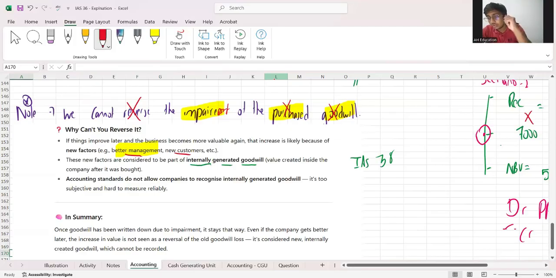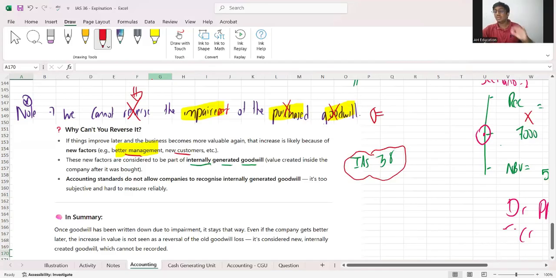So now you need to understand, under IAS 38, this is how I'm linking the standards, we are not allowed to show any internally generated asset. As we know, this market value is solely increasing because of our internal staff management and our internal customer service. That is why we cannot reverse our impairment in terms of purchased goodwill.